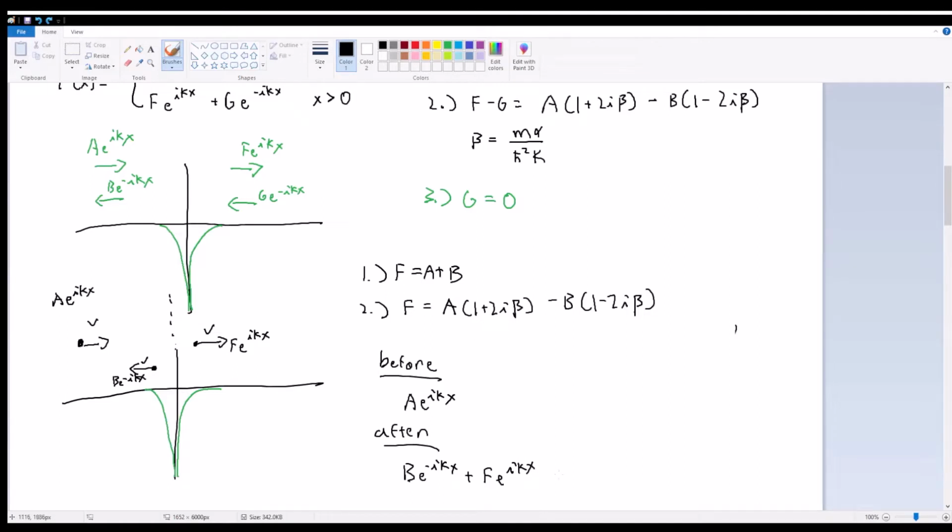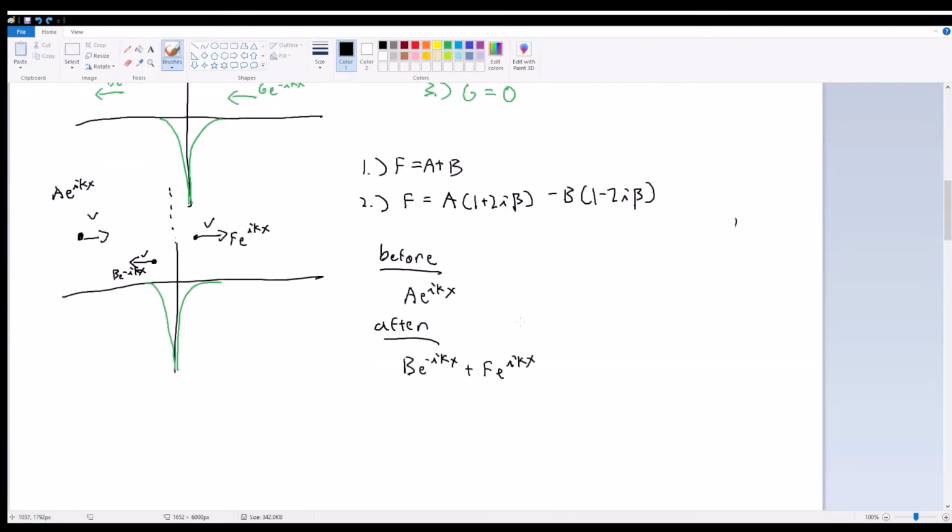So what we can do here is take advantage of relative probability. We can enforce the idea that the magnitude of A squared is equal to the magnitude of B squared plus the magnitude of F squared. Remember, ultimately these are cosine and sine functions, and they have amplitudes of 1.